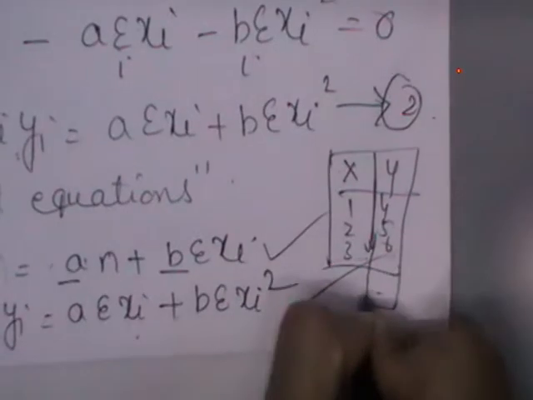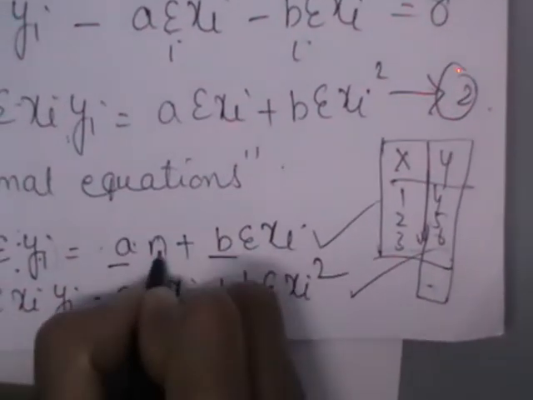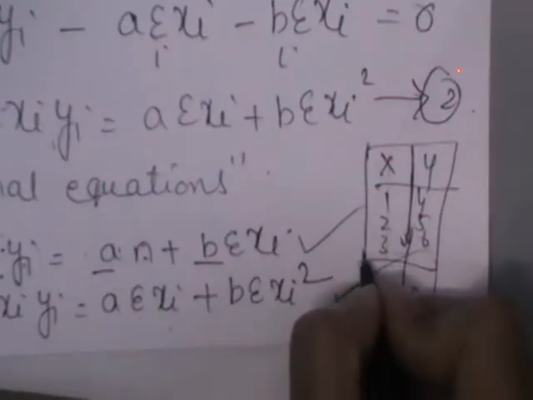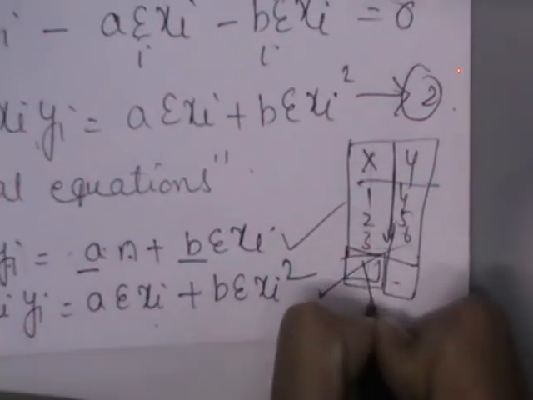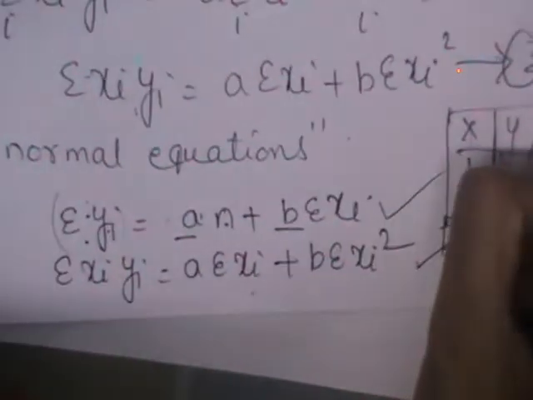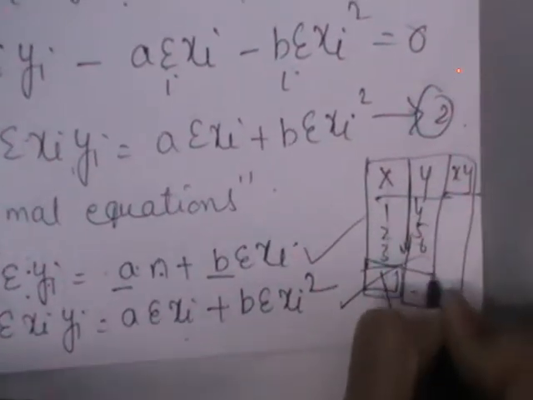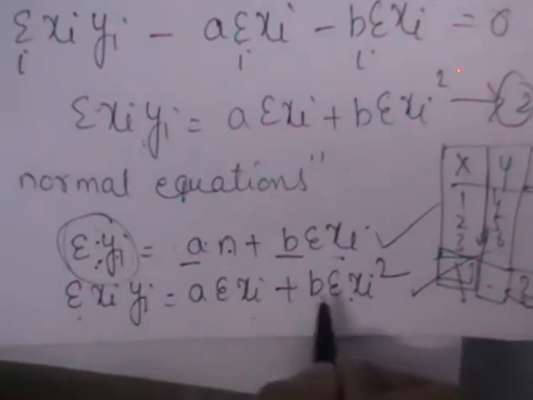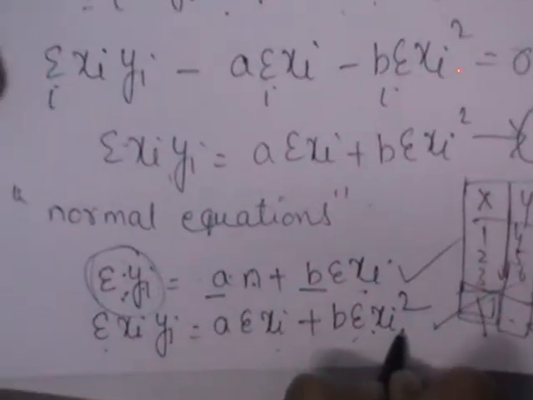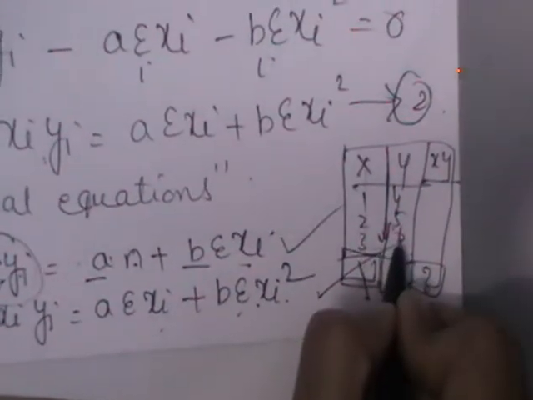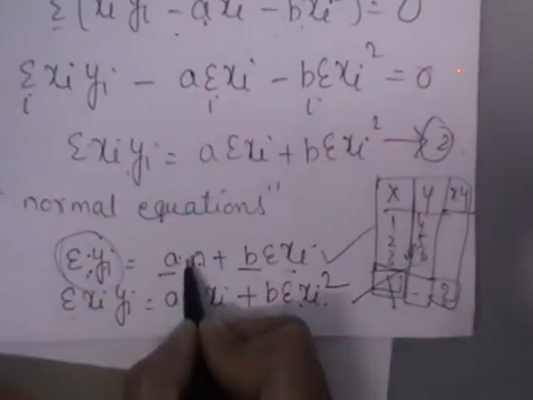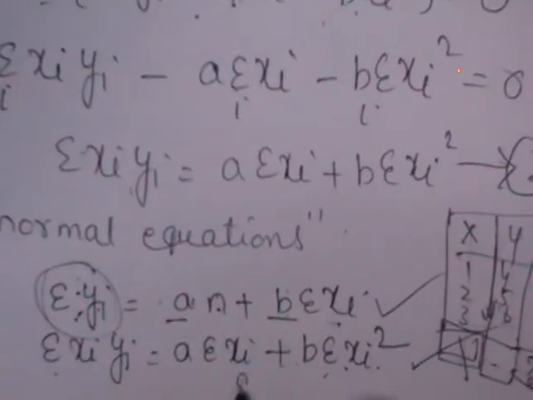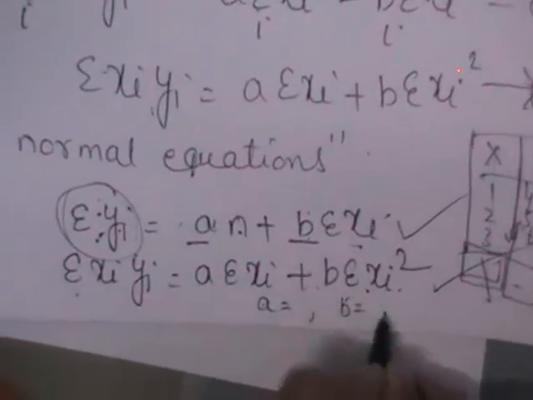Sigma yi means this total, n is the number of observations. Sigma xi means by adding this column you will calculate. Sigma xi yi means you will find out xi yi and you will get another value here, sigma xi square. Whatever summations you have, like sigma yi, sigma xi, sigma xi yi, sigma xi square, those totals can be calculated from the given data and substituted, and you can solve these two equations to calculate the a comma b values.